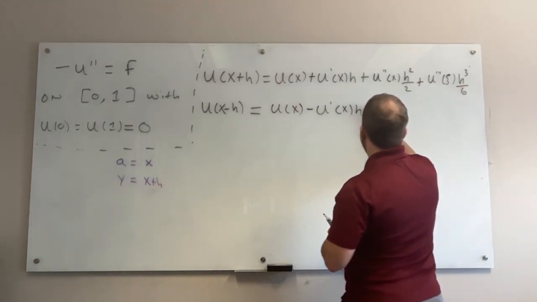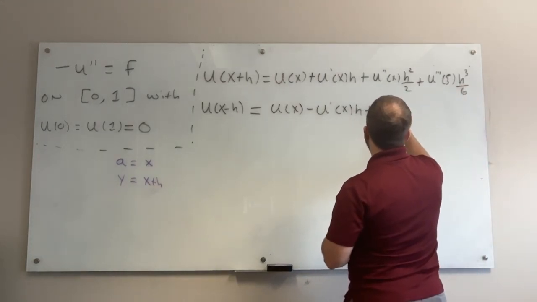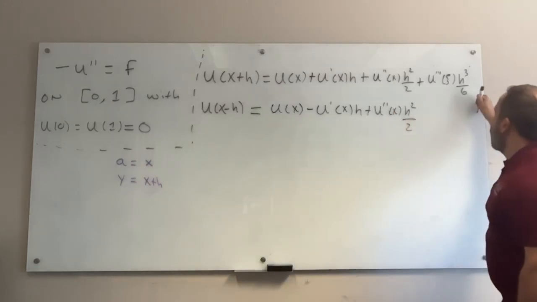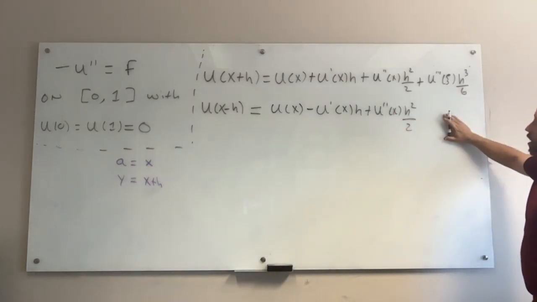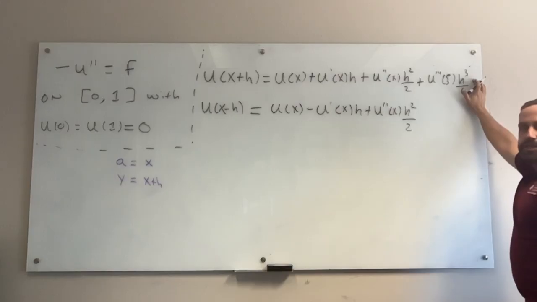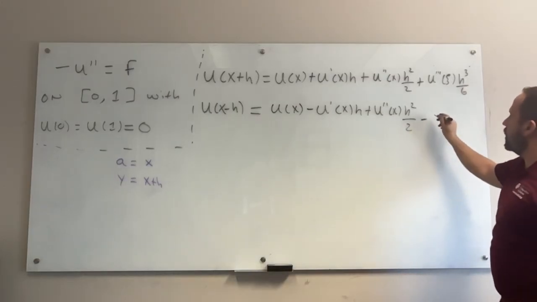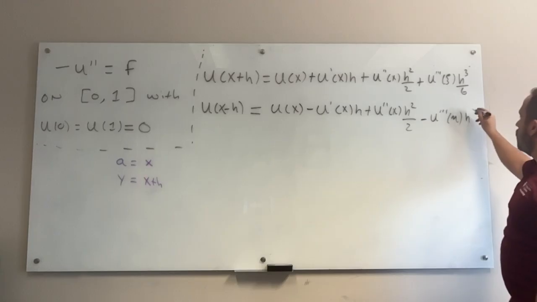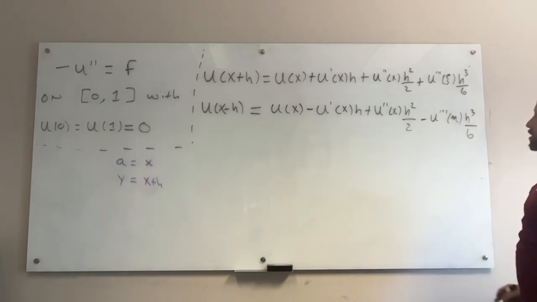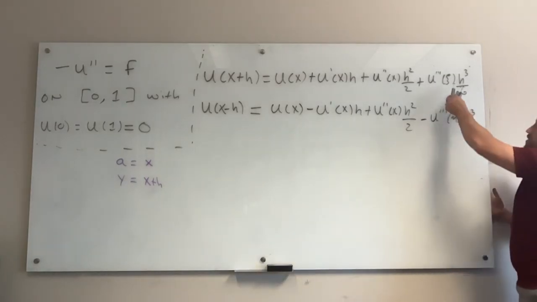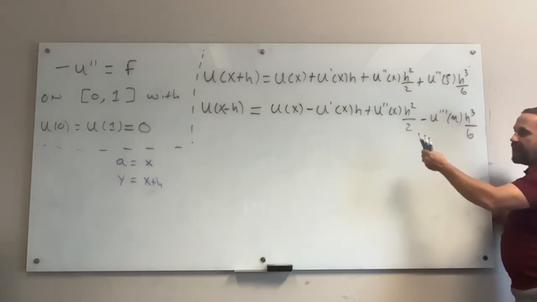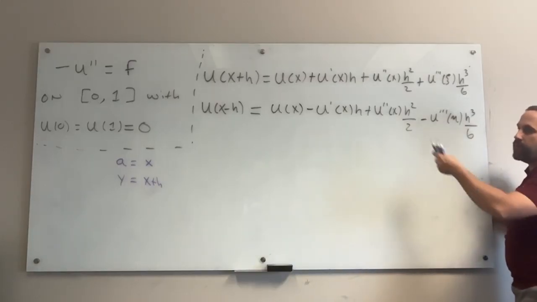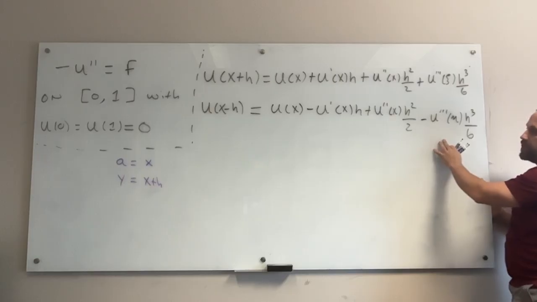And then down here I could do plus u prime of x times h squared over 2. Now again, for the term down here, I'm going to plug in minus h cubed, which is going to give me a minus sign here, u triple prime of eta times h cubed over 6. And the important thing is that because c and eta, these are not necessarily going to be equal to x. It's something between, in this case, it's something between x minus h and x.